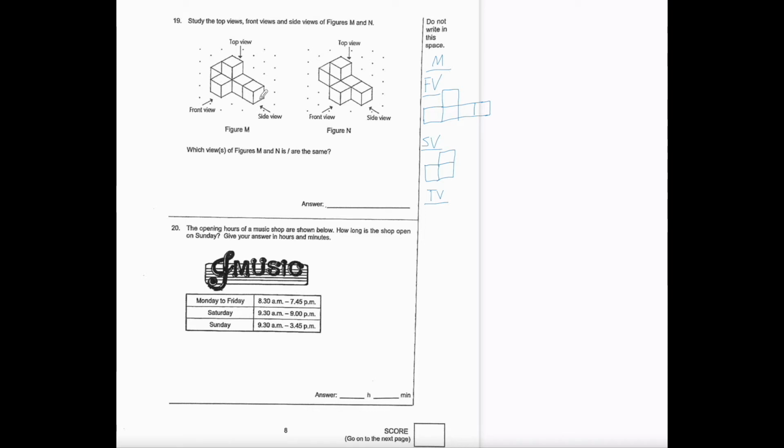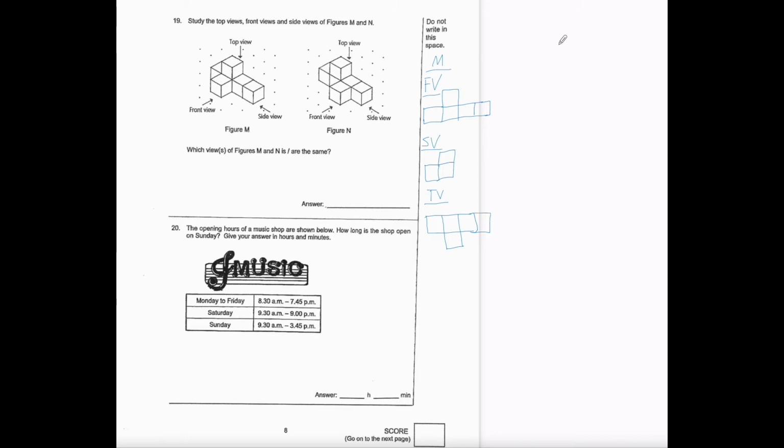You realize that there are 4 cubes here, and then 1 cube starting from the second one. So I'm going to draw 4 cubes first, and then this other cube is on the second cube. So there are 2 cubes at the second cube.